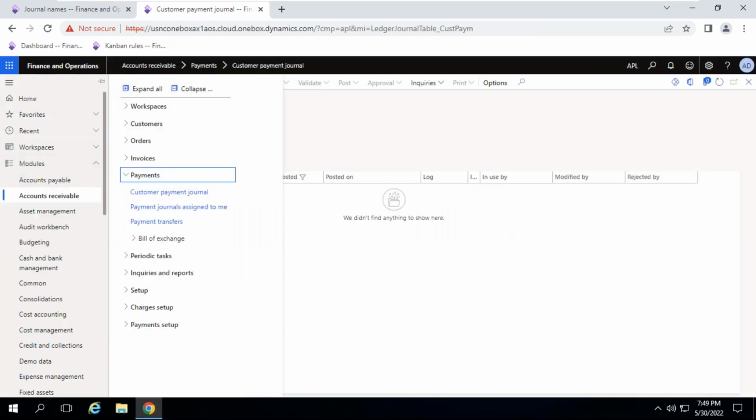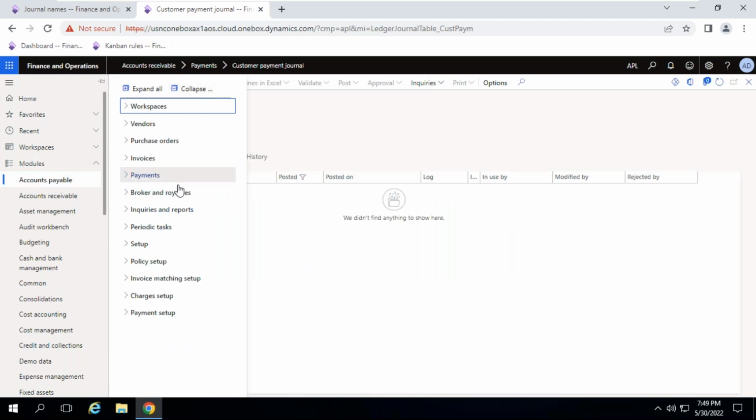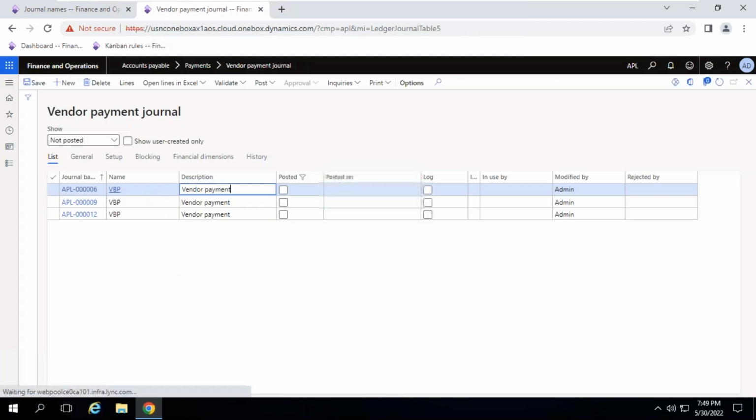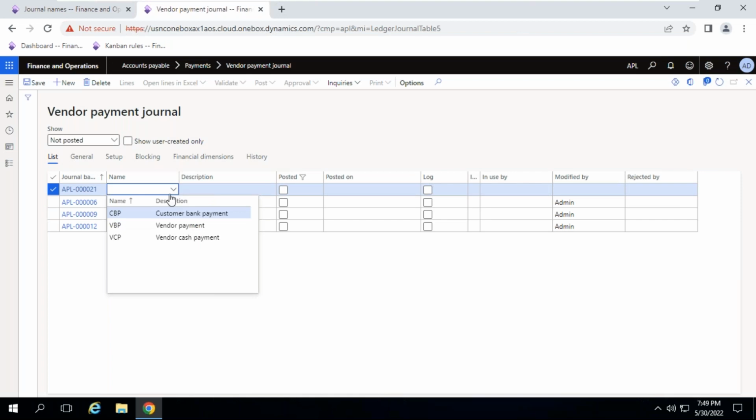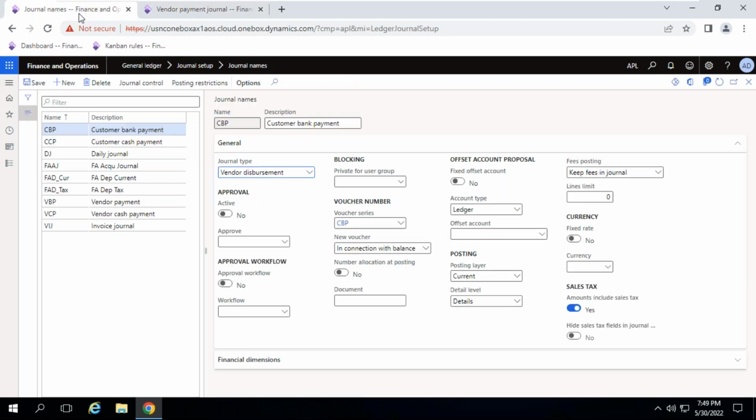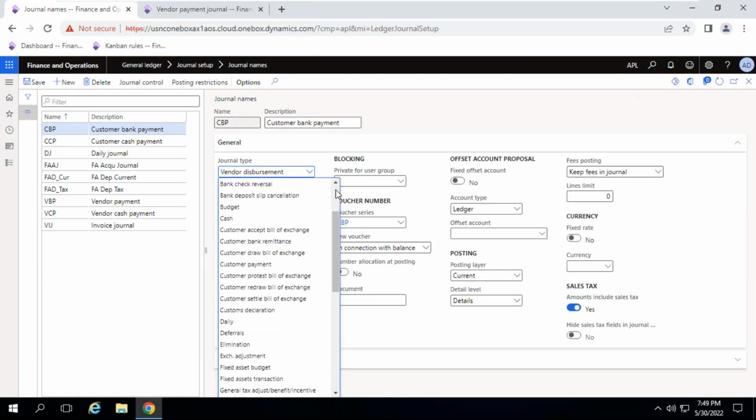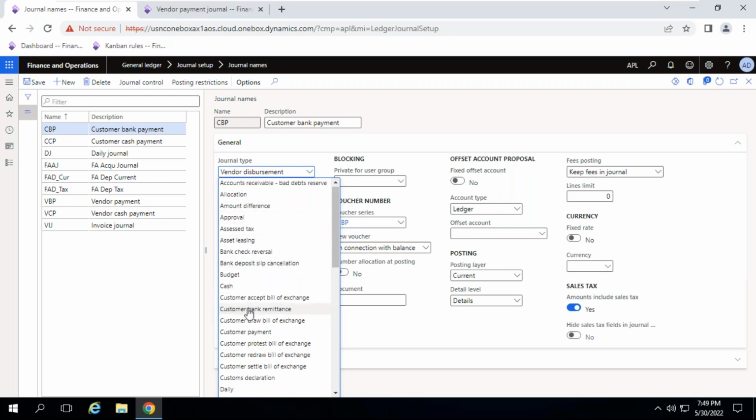You can go to vendor payment, accounts payable, vendor payment journal. Okay, so here it is coming. Understood? This is very, very important. If it is relevant, then only it will work.